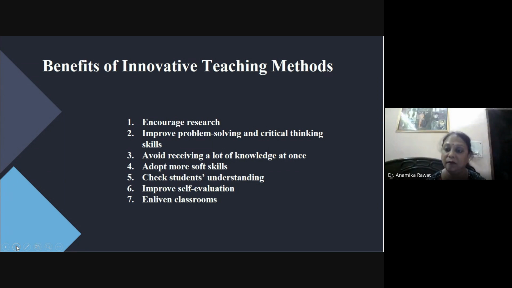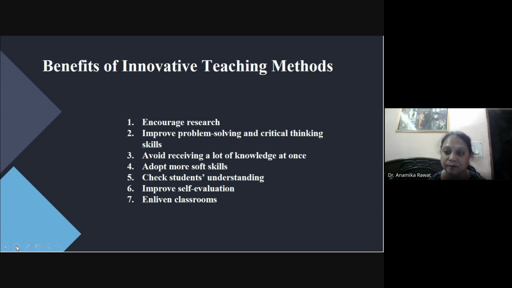They have some objective and they have to find out some solution to that particular problem. But how can they make a problem, how can they identify a problem, and how can they make a solution? So with the help of the teacher, they can improve their problem solving skills as well as critical thinking skills.